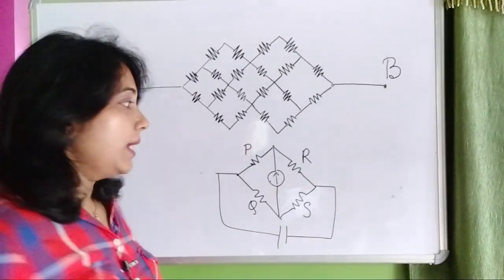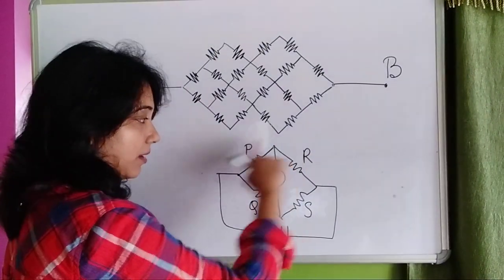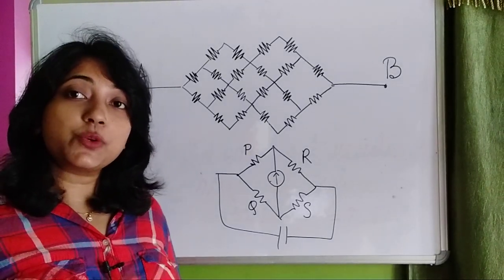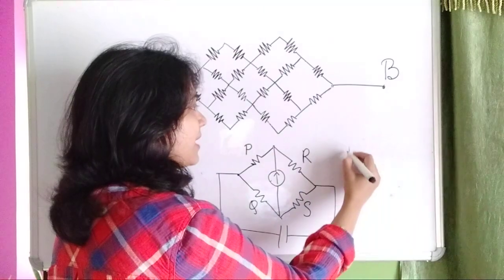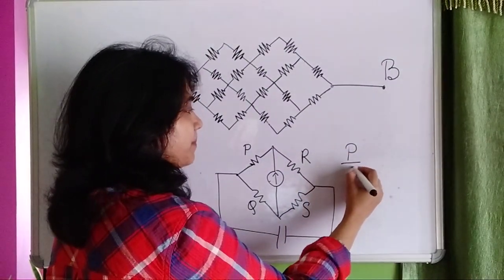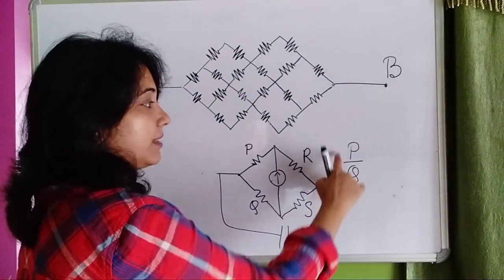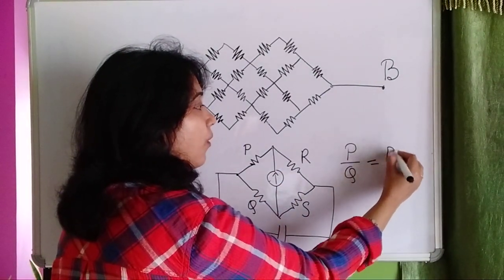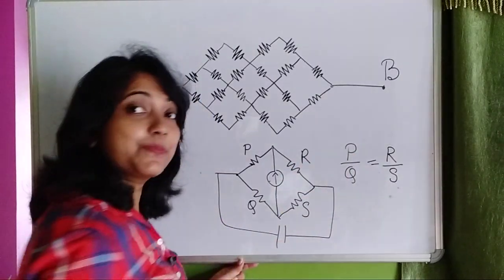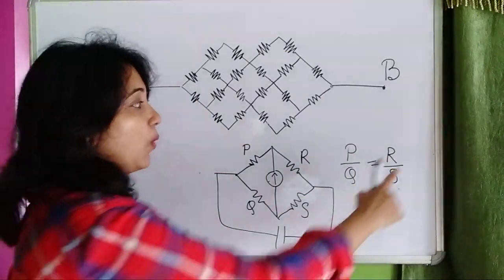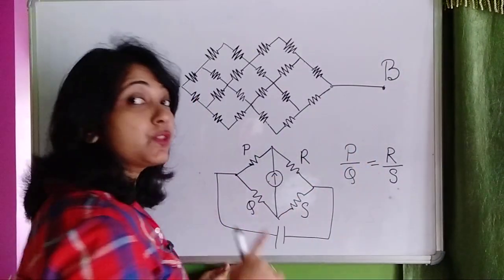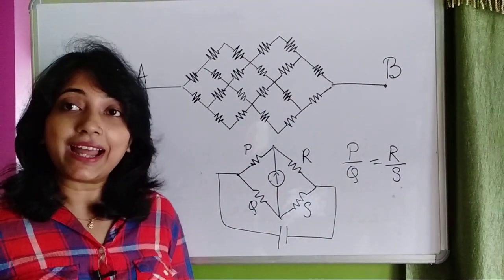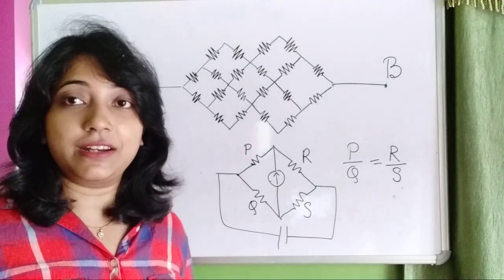Now, in this Wheatstone Bridge circuit, as per the Wheatstone Bridge principle, if the ratio of P and Q equals the ratio of R and S, my dear students, when these 4 resistors satisfy this equation, we call that this bridge is in a balanced condition.